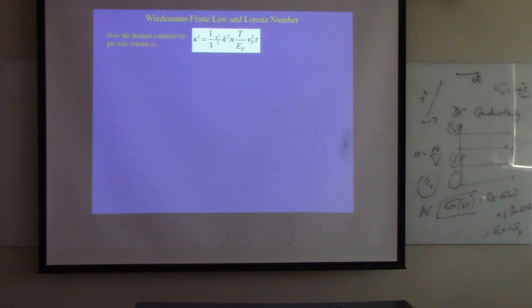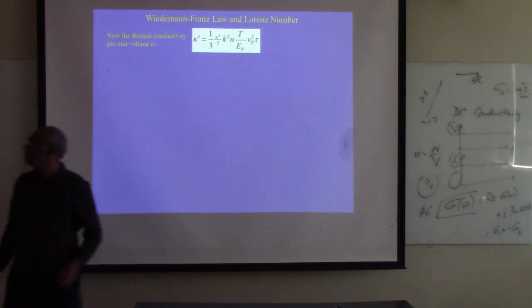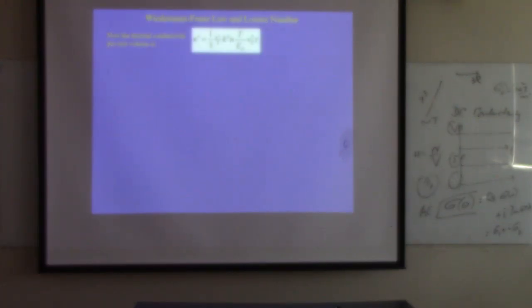Over E_F, that's coming from the density of states value. Then we only have to calculate the velocities near the Fermi surface, so we'll replace all the v's by v_F. Is that clear for everybody? So basically plugging in these numbers. Now this E_F you can write as half m v_F squared, right?